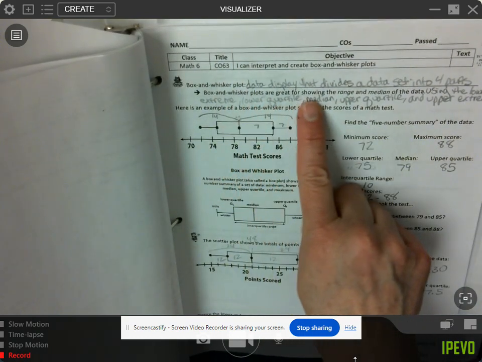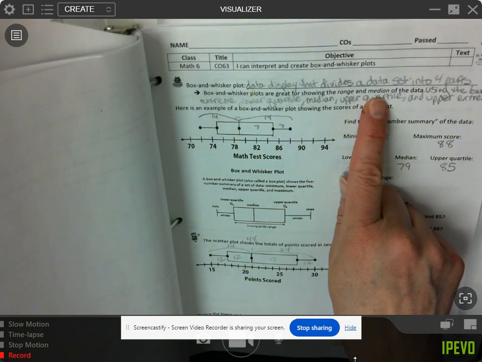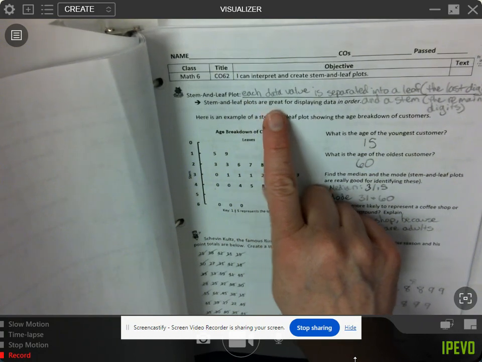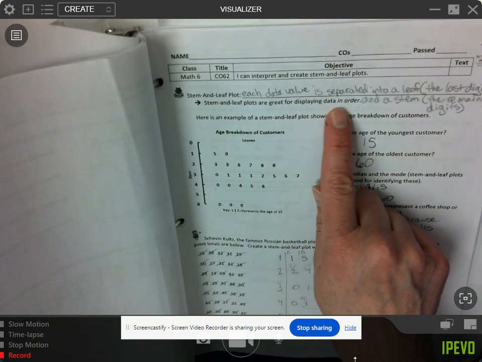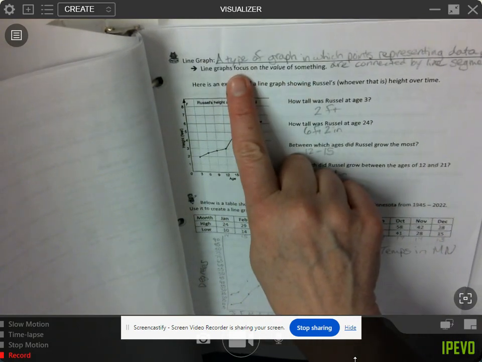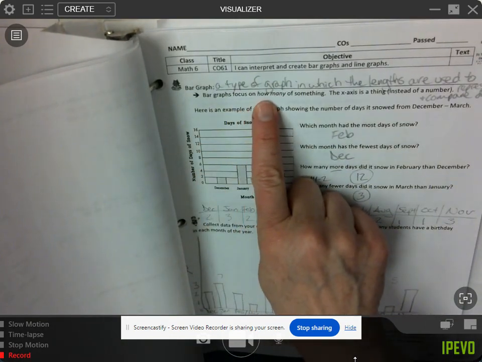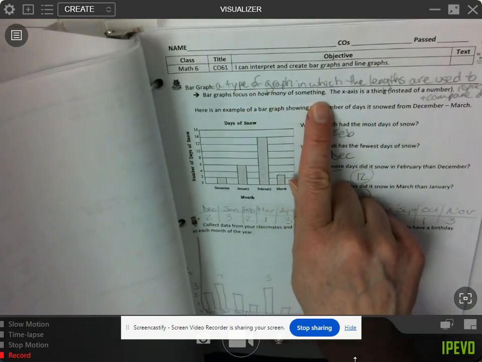Box and whisker plots are for showing range and median. The stem and leaf plot shows things in order. The line graph shows the value of something. And the bar graph shows how many of something.